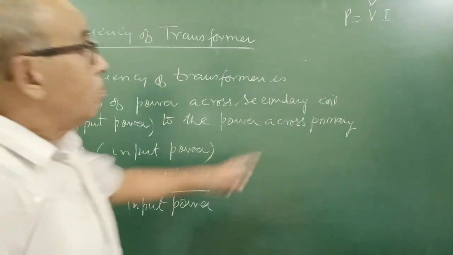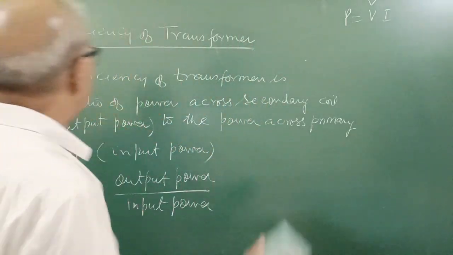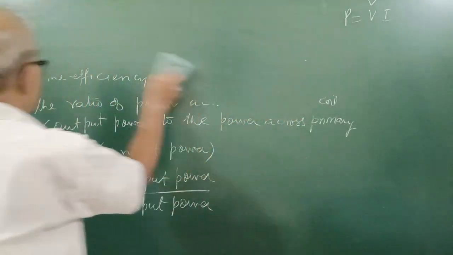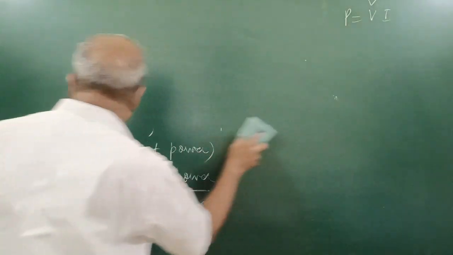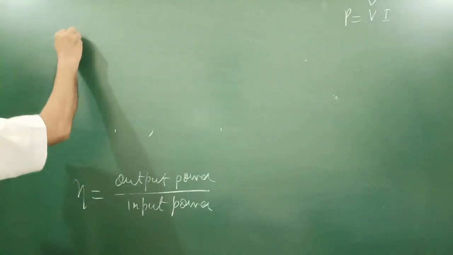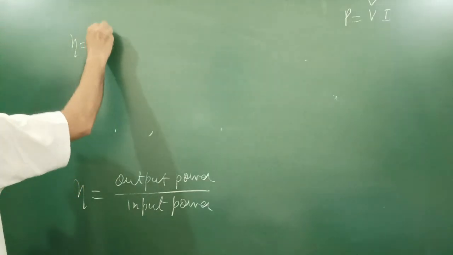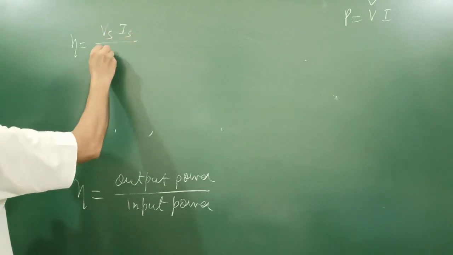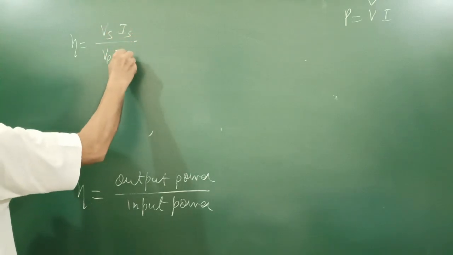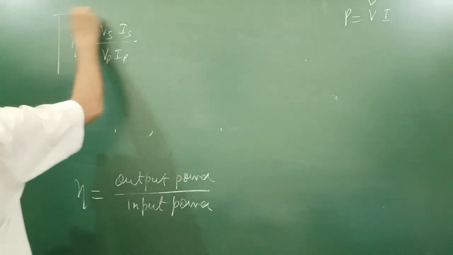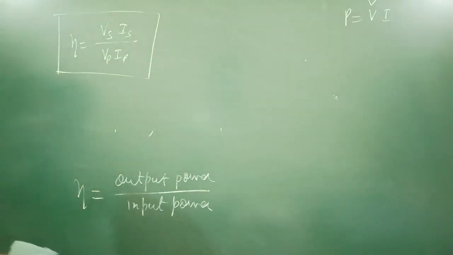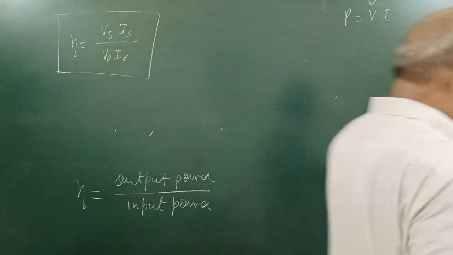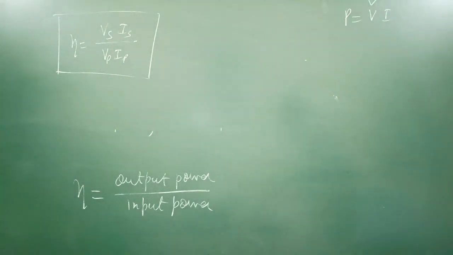Power in a circuit P equals VI. Therefore, I can write efficiency eta equal to VS into IS upon VP into IP. Like other machines, a transformer also has efficiency less than 100%.